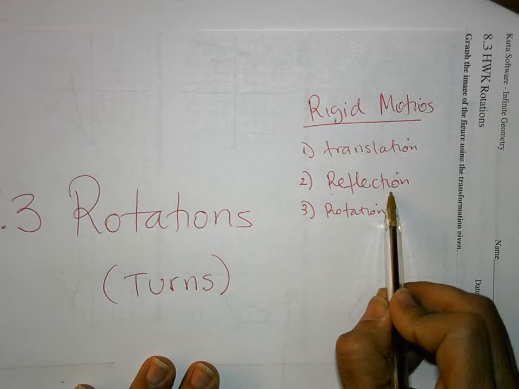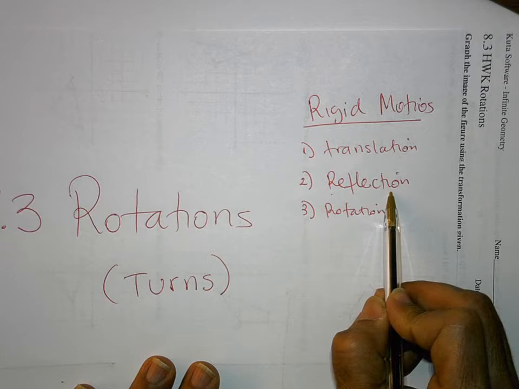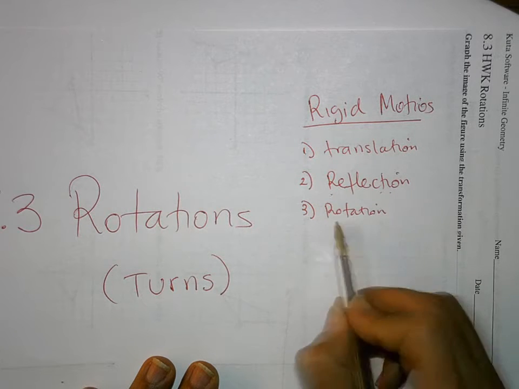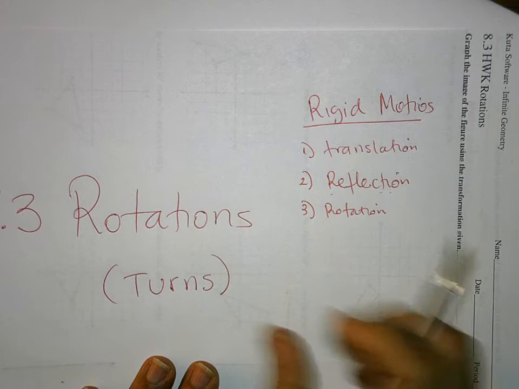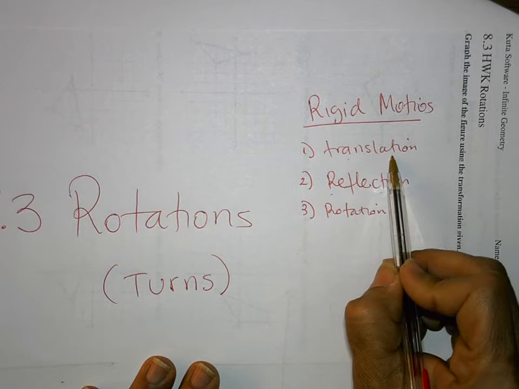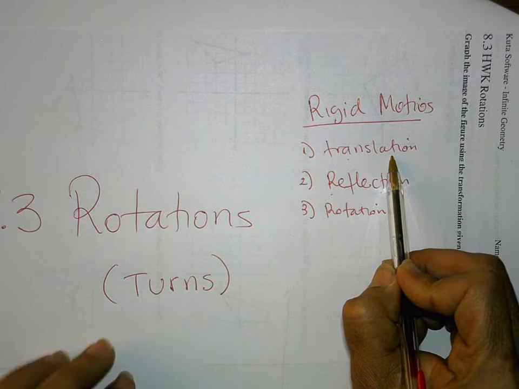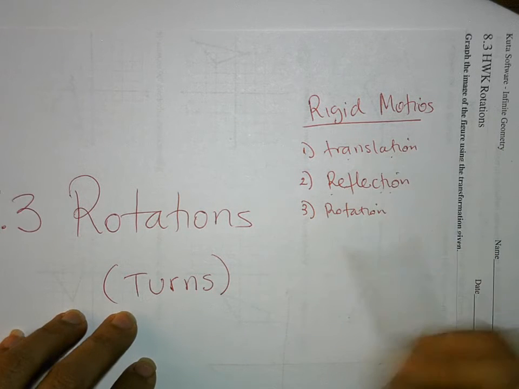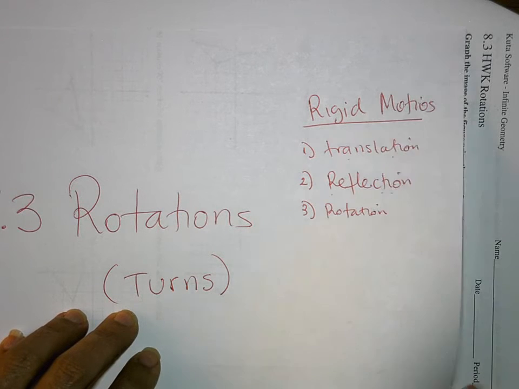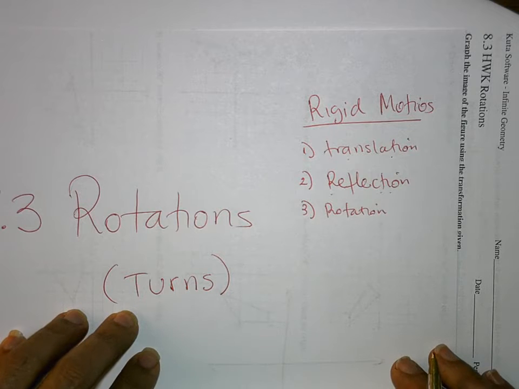If I reflect, I reflect the same distance over the reflection line. If I rotate something, I rotate the entire figure a certain degree. And if I translate to the left or to the right, the entire figure is translated in that direction. So the figure does not change, so your image and your pre-image are congruent. Same size, same shape. Okay, so those are rigid motions.